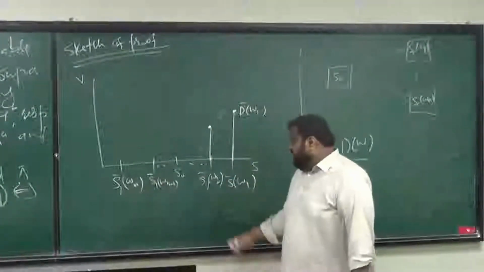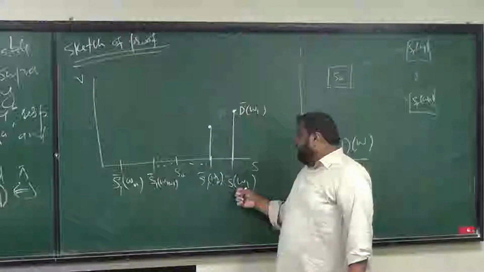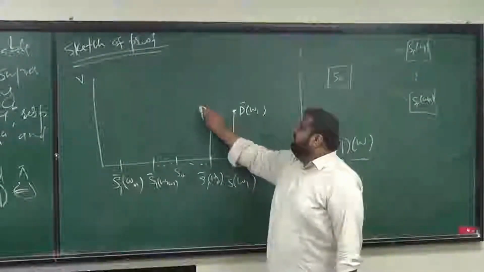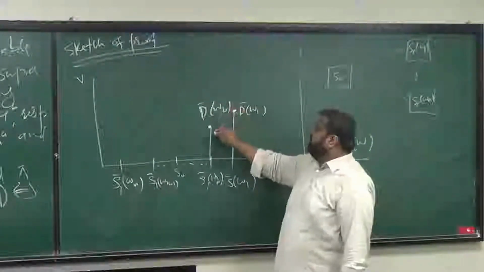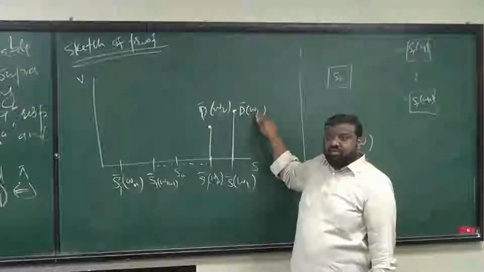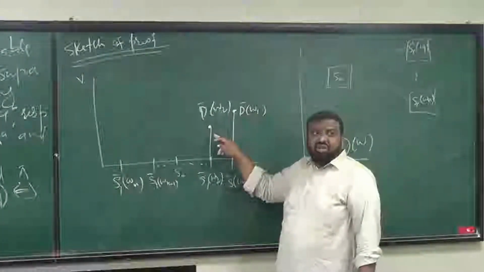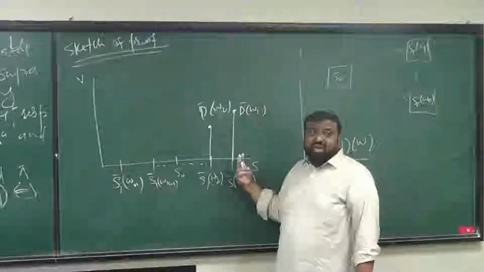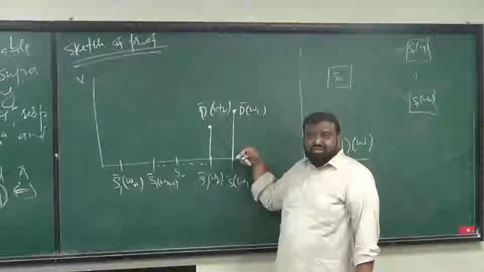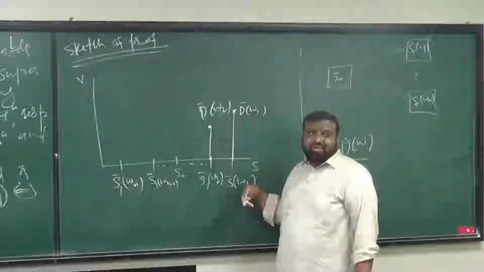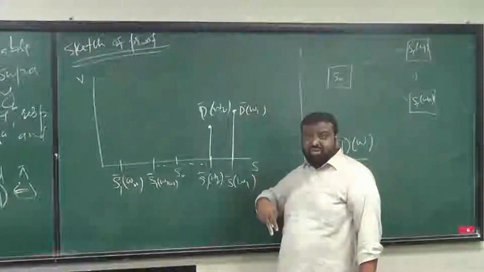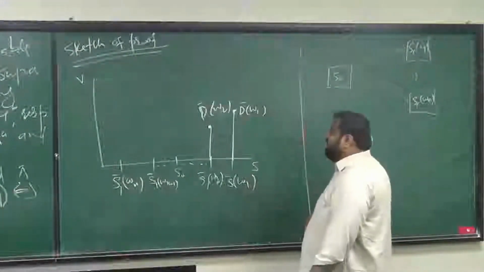You need to keep in mind, this must be smaller than this, but it's not necessary that D bar of omega 2 must also be smaller than D bar of omega 1 actually. So you can have more payoff in case the stock goes down. You can have situations when the derivative is going to give you more payoff if the stock goes down.